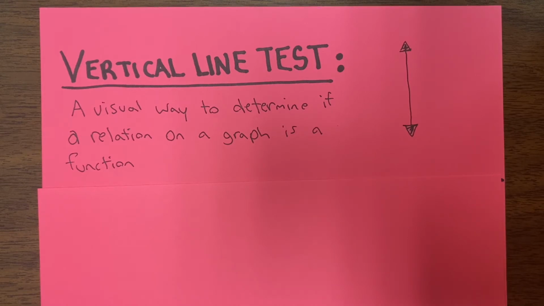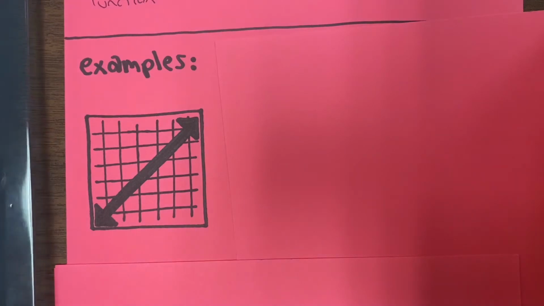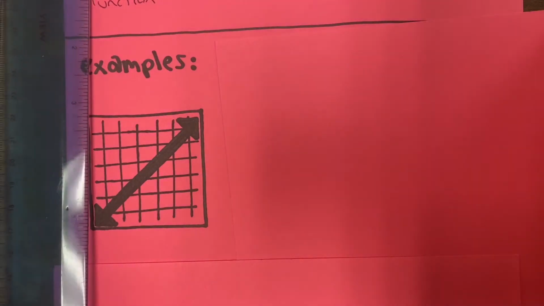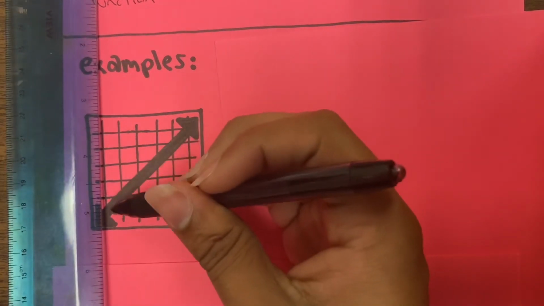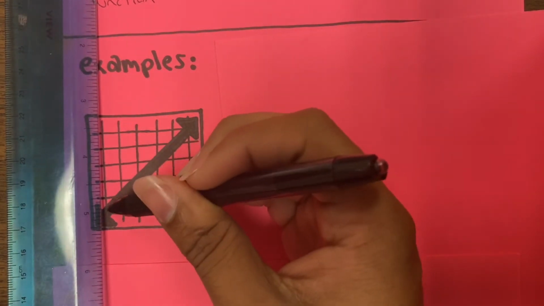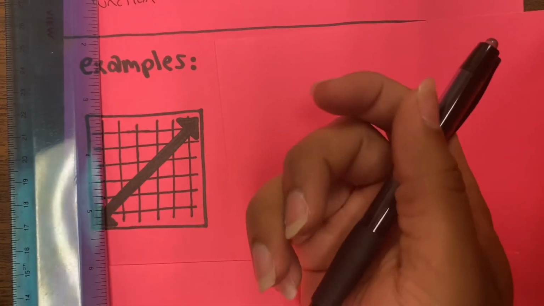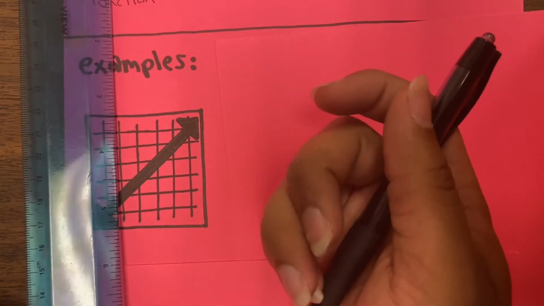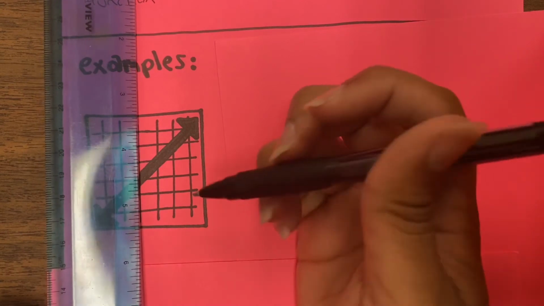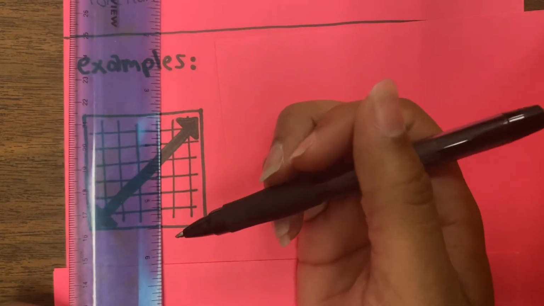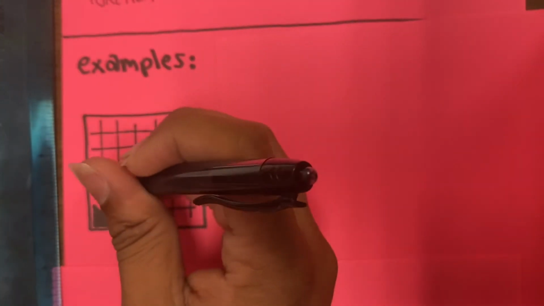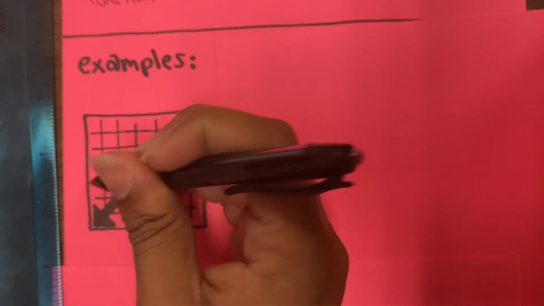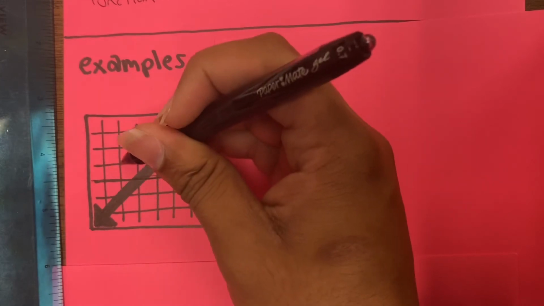Let's do an example. To do the vertical line test, I'm going to get my vertical line and scan the graph and see if at any point there are 2 points above each other. If the line keeps going forever and ever without ever having 2 points above one another, that means it's a function, because for the x value, horizontally, there wouldn't be 2 y values, there would only be 1.